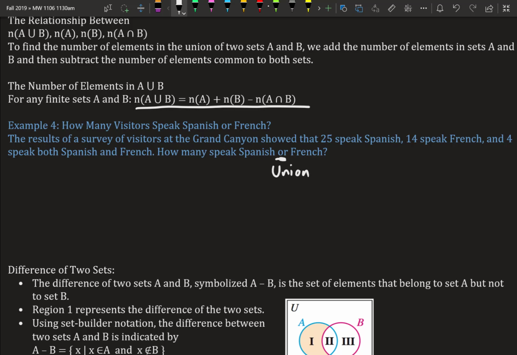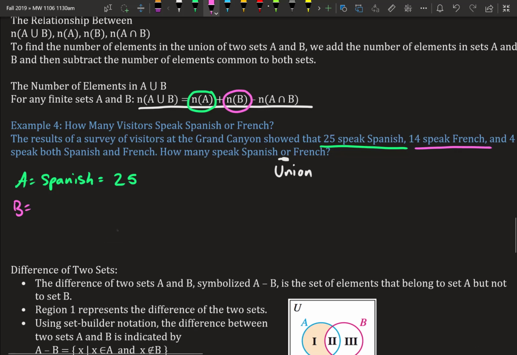So we need to know the number of each. So A, we can say A is Spanish. How many speak Spanish? 25. We can say B is French, and 14 speak French.